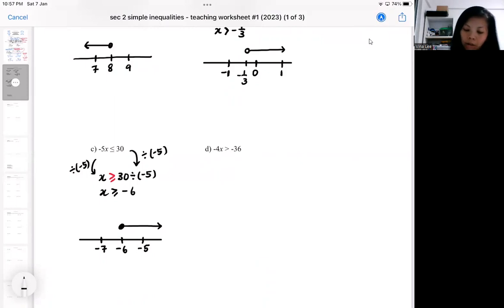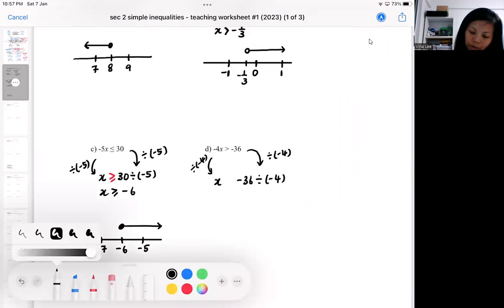So same thing here. -4x greater than -36. Your aim is always to get 1x. So in this situation, you got to divide by -4, and you will get 1x. So you are dividing by a negative number, so the sign will be reversed.